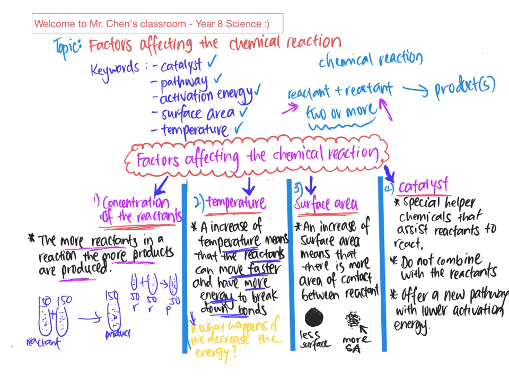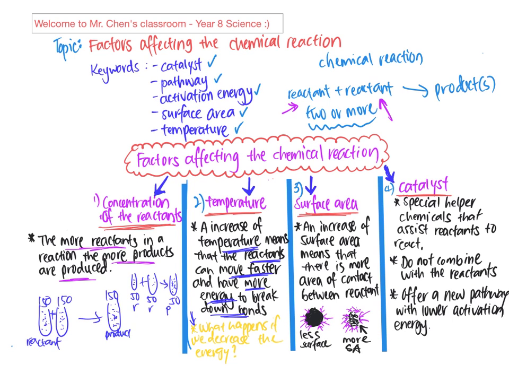So if you look at this stone, only that much, the one on the outside, is exposed, while in powder, each of the tiny particles is exposed to the outside. That's why it has a larger surface area.